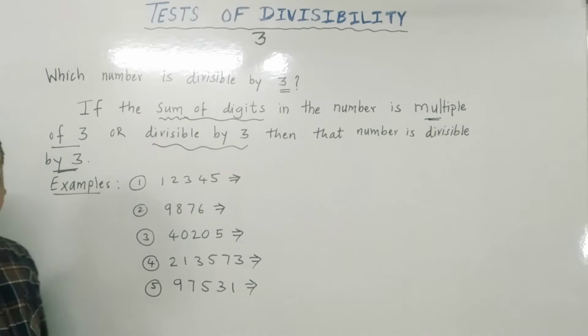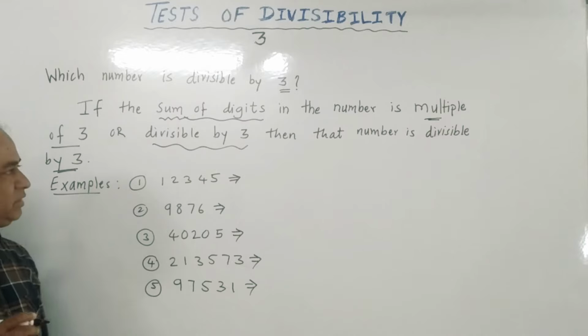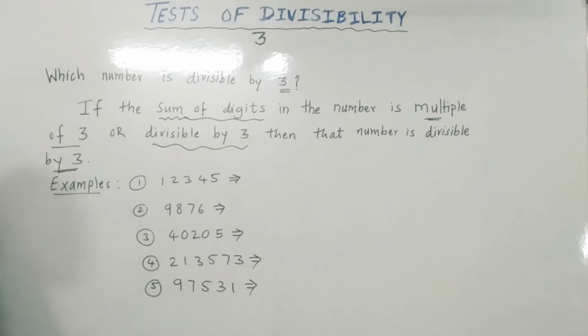So the test of divisibility of 3 is, if the sum of the digits in the number is a multiple or divisible by 3, then that number is divisible by 3.